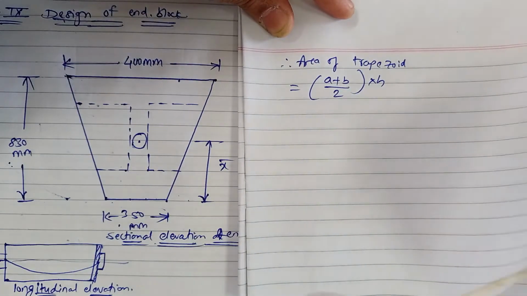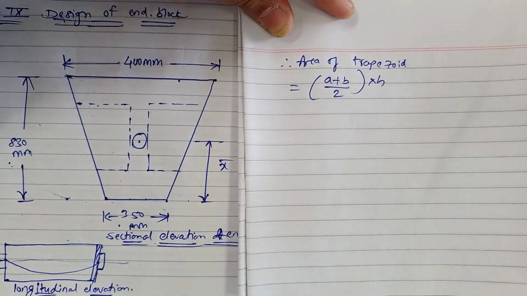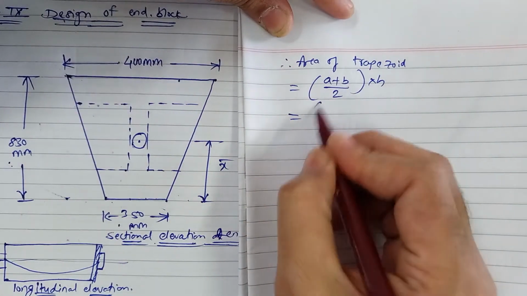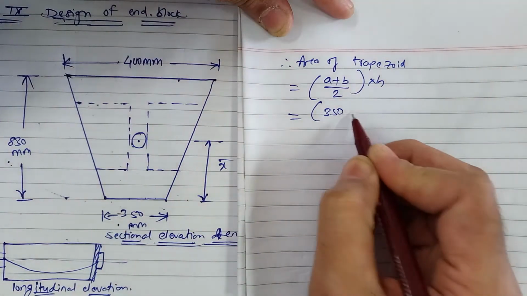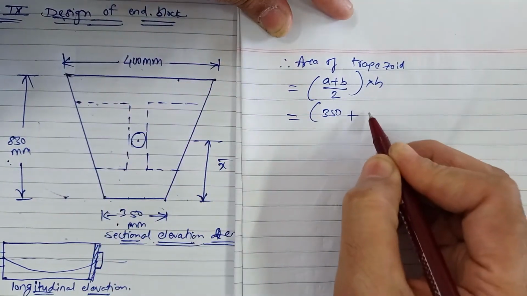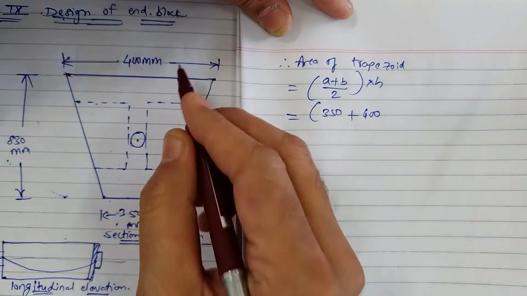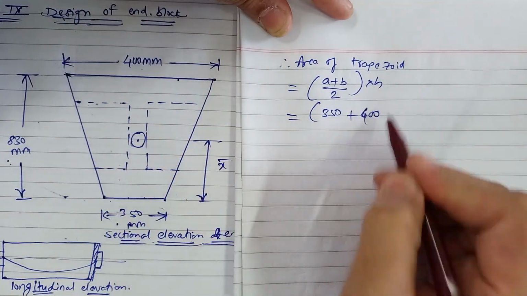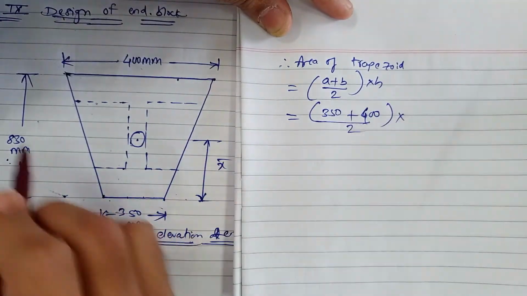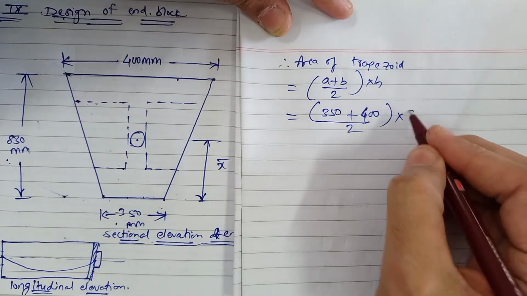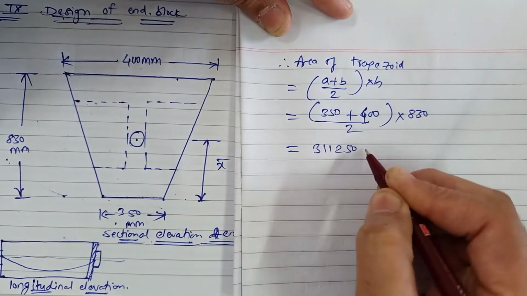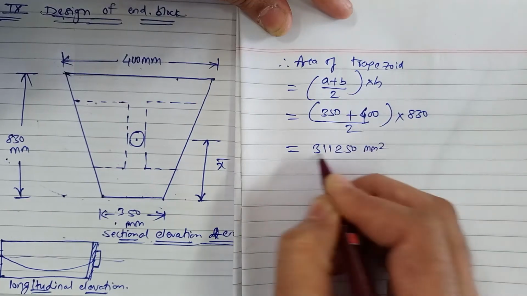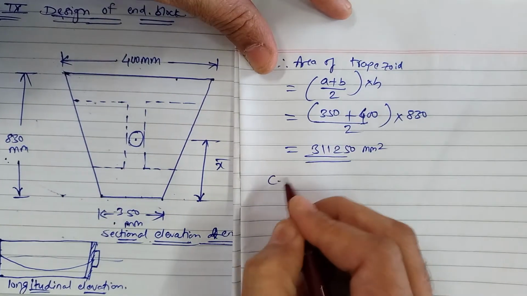Hope that you all might be knowing the trapezoidal formula, where a is nothing but 350, width of the bottom flange, plus b is nothing but 400, that is the 2 parallel sides, width of the top flange, divided by 2 into h, which is the overall depth, that is 830. Hence area of trapezoid comes to be 311,250 mm square.